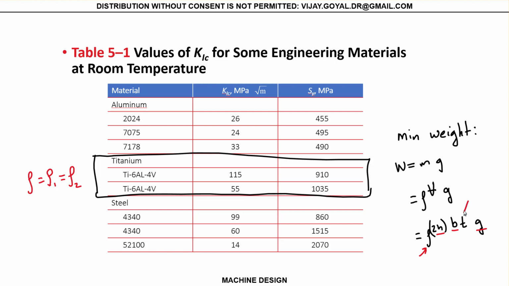The only thing that's left is to choose t. So the problem is saying really find the minimum t that will satisfy this problem, okay, that will make the problem safe. So before we start the problem, before we do anything, the very first thing we want to do is we want to use the materials. We got two different materials, okay, and both are the same material but have different properties.